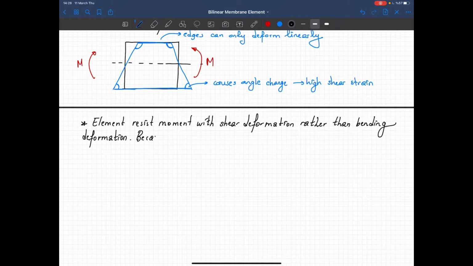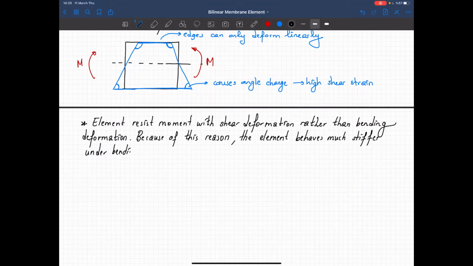Because of this reason, the element behaves much stiffer under bending. Because of this linear interpolation, the element behaves much stiffer.